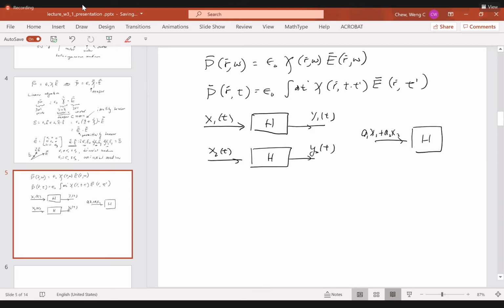What do you think the output would be, given your undergraduate course that defines what a linear system is?